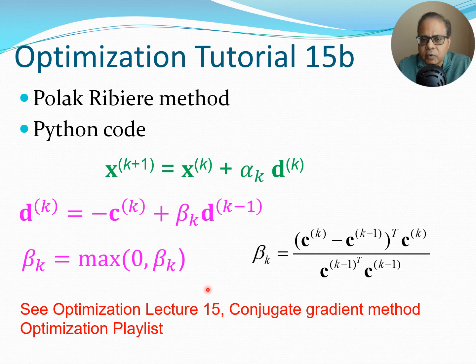So take a look at optimization lecture 15 for the conjugate gradient method, and in optimization lectures 17 and 18 I have looked at how I derive these particular formulas. The derivation is not given in most textbooks; it is often given in textbooks which deal with mathematical programming or nonlinear programming.